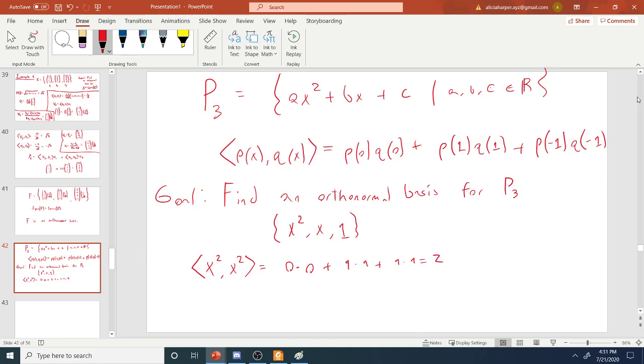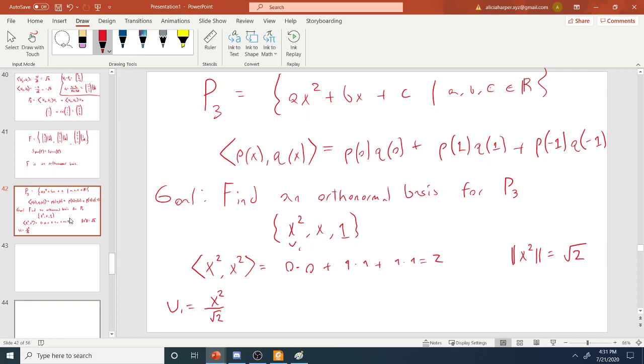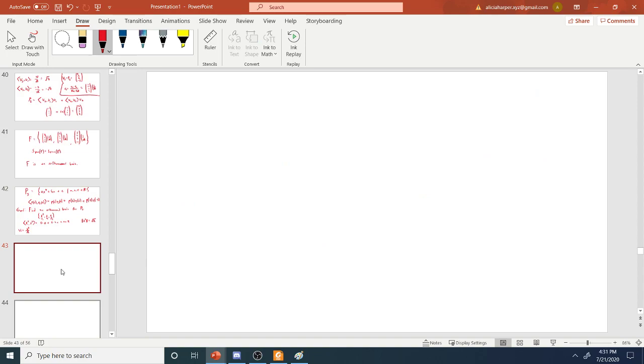So the norm of x squared with respect to this inner product is the square root of 2, which means our u1 is going to be equal to x squared divided by the square root of 2. The next thing we're going to do is consider, so this was v1, v2, and v3, the inner product of v2 with u1.